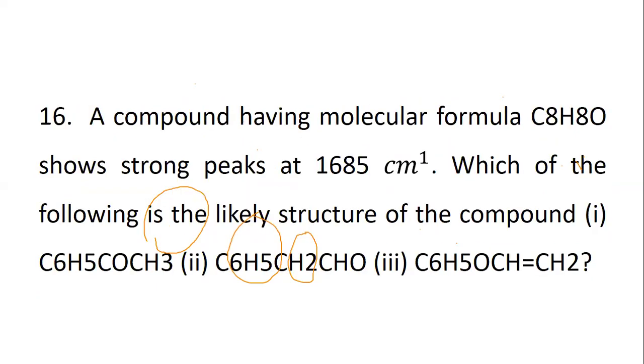Question number 16. A compound having the molecular formula C8H8O shows a strong peak at 1685 per cm. Which of the following is the likely structure of the compound? First, C6H5COCH3, acetophenone; second, C6H5CH2CHO; and third, C6H5OCH=CH2.